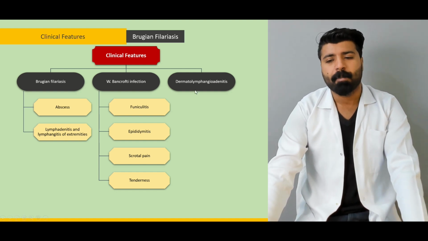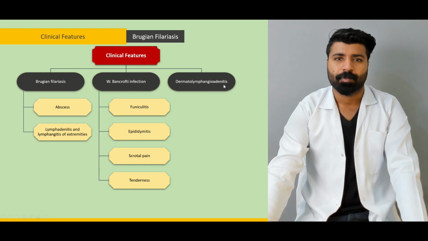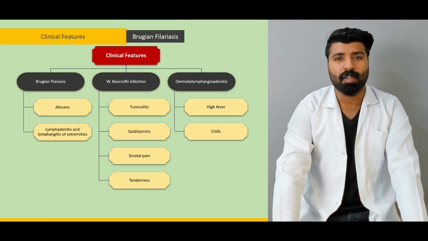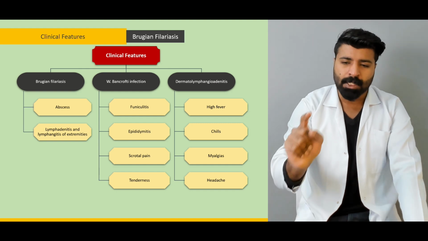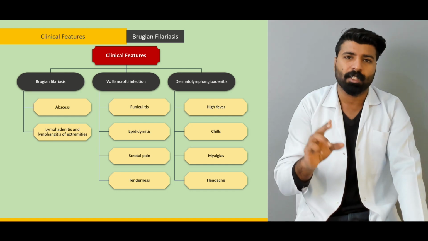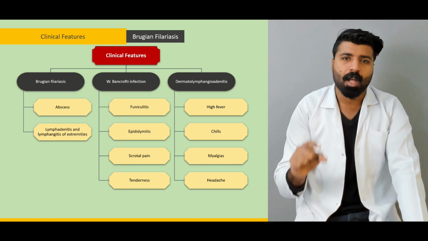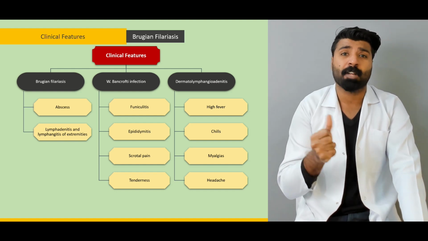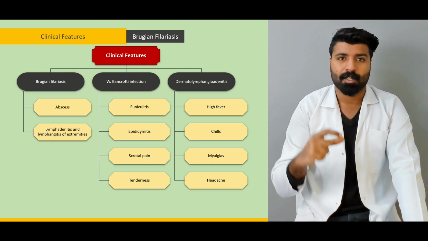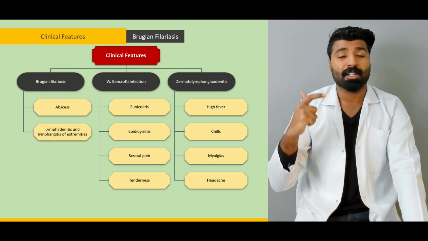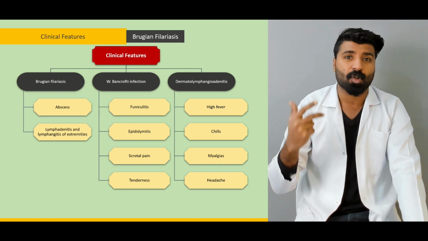Next on, we have dermatolymphangioadenitis, right? In which high fever will come in, chills will come in, myalgias will come in, and headache will come in. Now, these symptoms are rather systemic. They're not affecting one organ, they're not affecting one tissue. So, what's that going to mean? It means that it's present in the blood, it's affecting your temperature, it's affecting your muscles, causing myalgia, chills, headache.